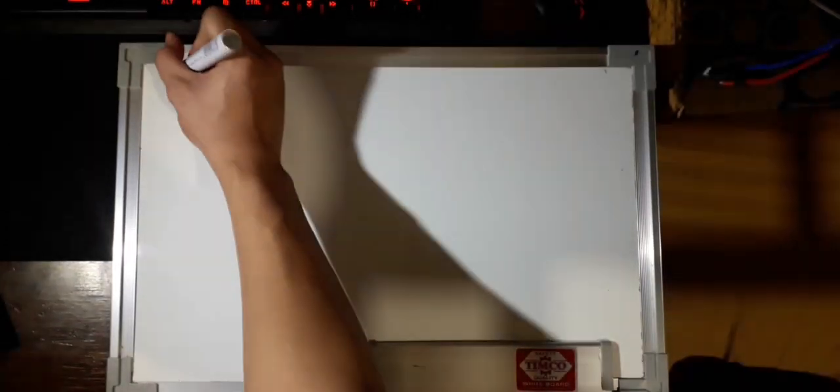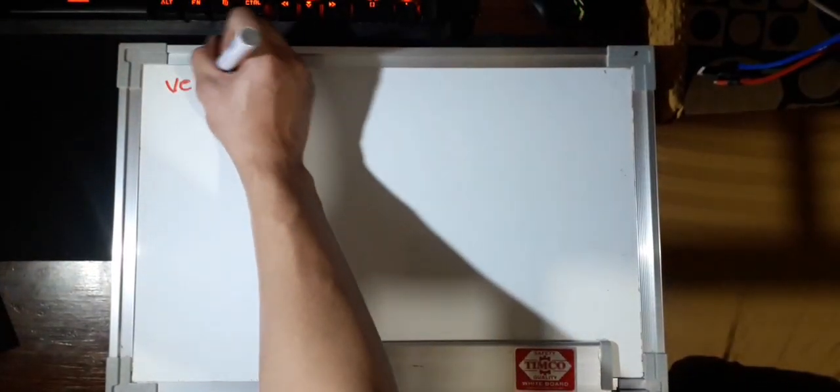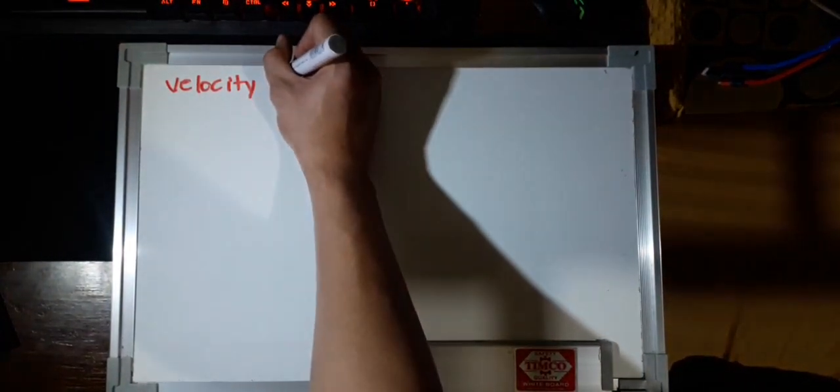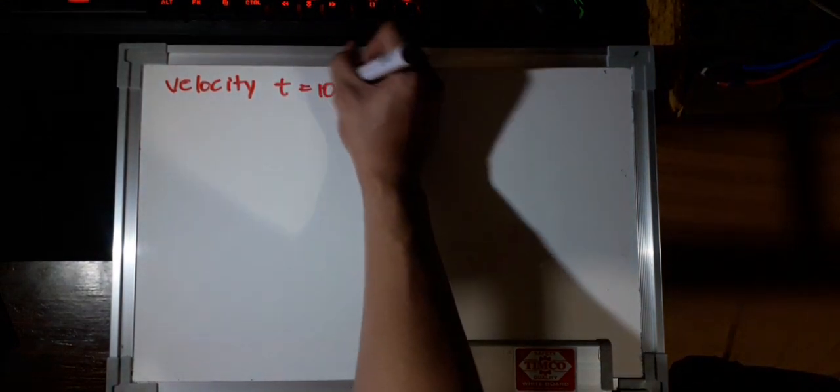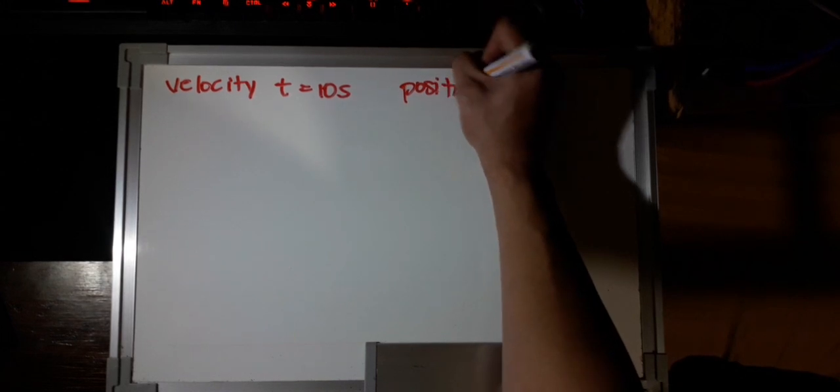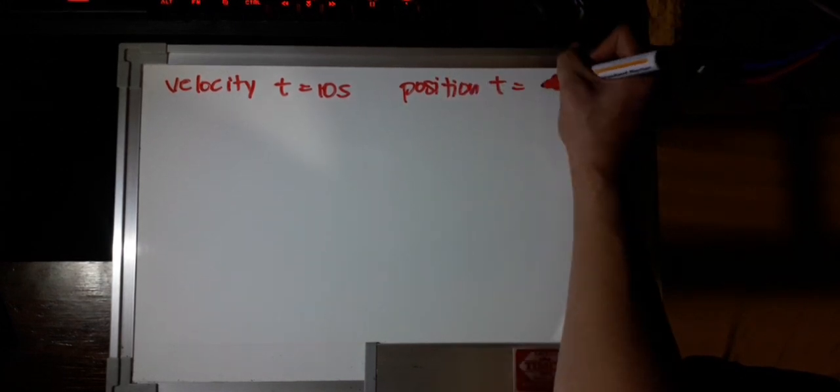Now the next thing that we are going to solve is the velocity when time is equal to 10 seconds, and also the position when time is equal to 10 seconds.